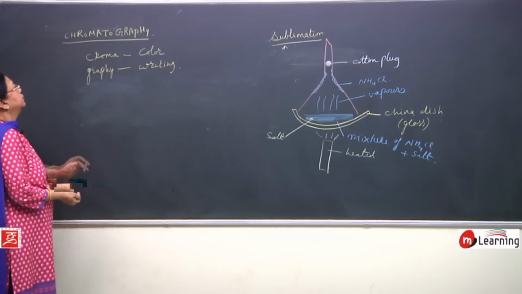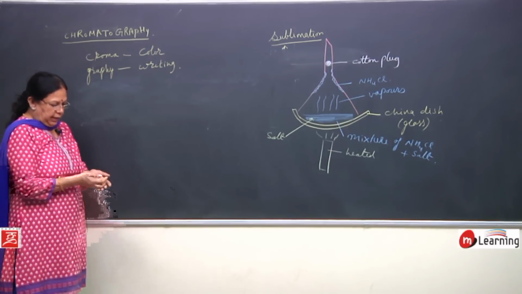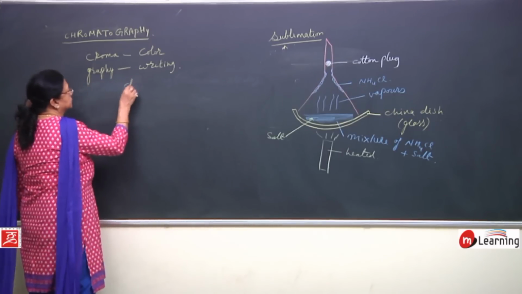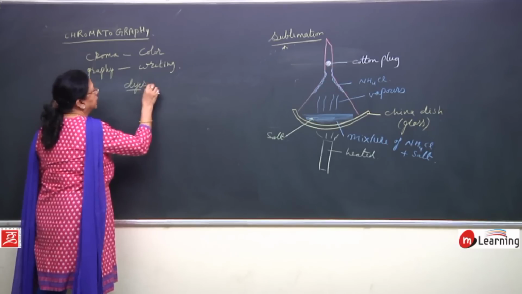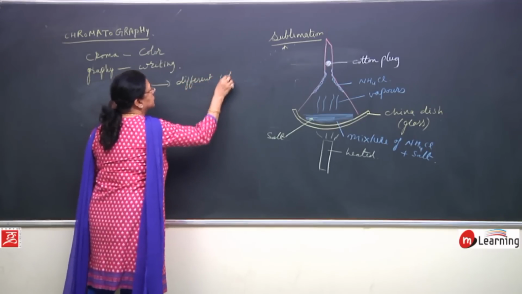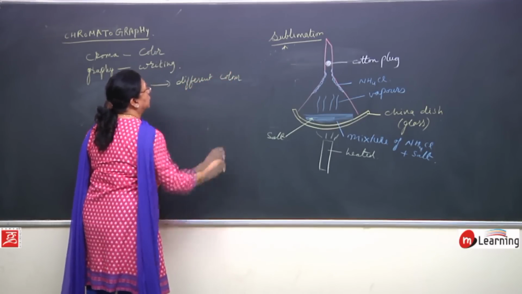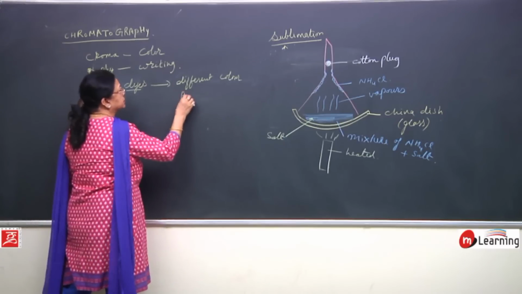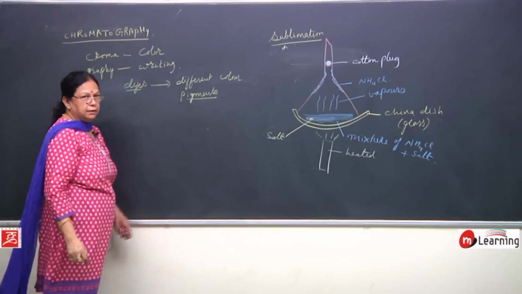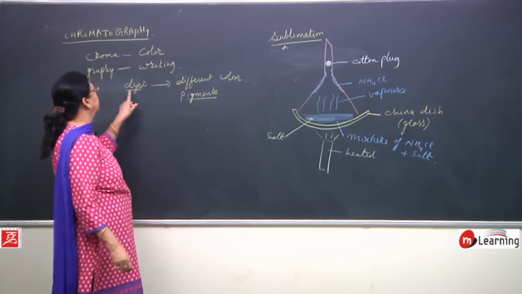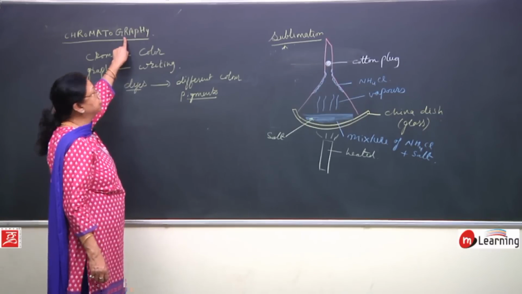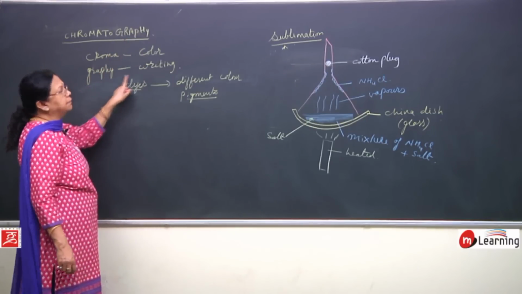So, here the method is chromatography, and what do we do in the dyes? There are different colors, or you can say pigments. So, how are different colored pigments separated from a dye? By the method called chromatography. Chroma means color and graphy means writing.